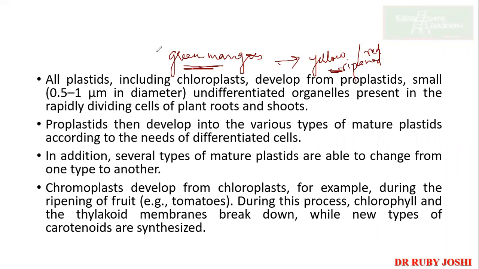In the green mangoes, the chloroplast and the chlorophyll start breaking down and get converted into carotenoids. All of this happens during ripening. All those enzymes meant for ripening convert the starch present in raw mango into sucrose.